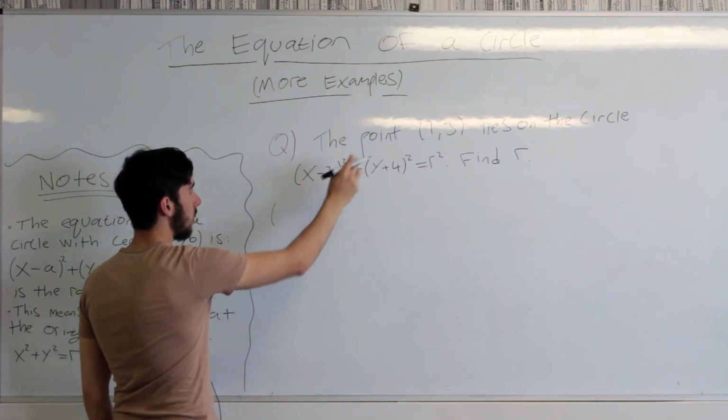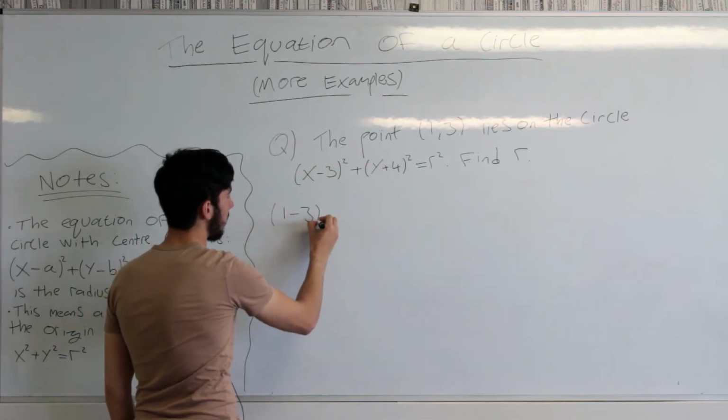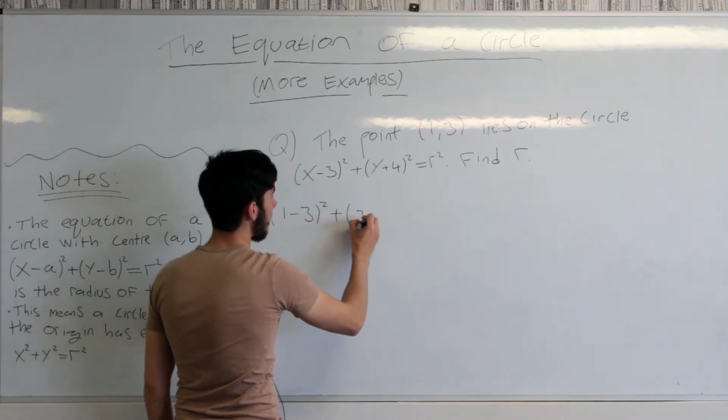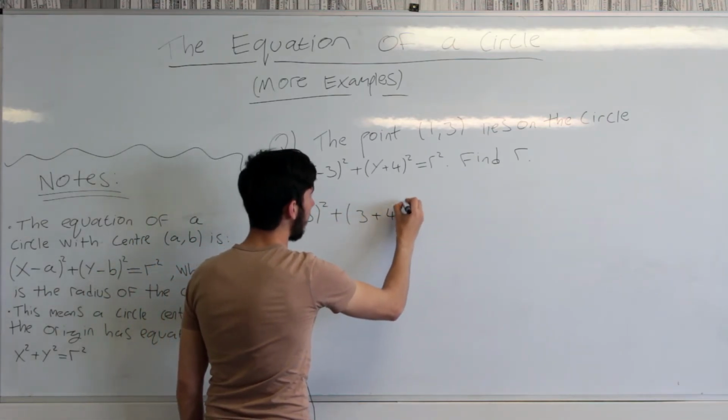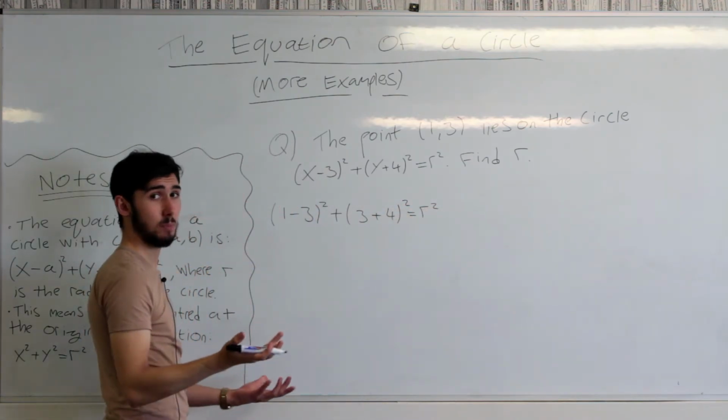So we're going to substitute x is 1. So we say 1 minus 3 squared plus, and then y is going to be 3, so 3 plus 4 squared equals r squared. Now we have to solve this for r, and we're done.